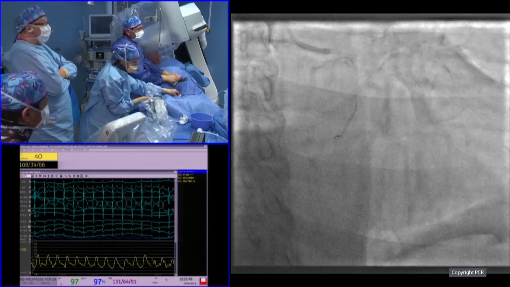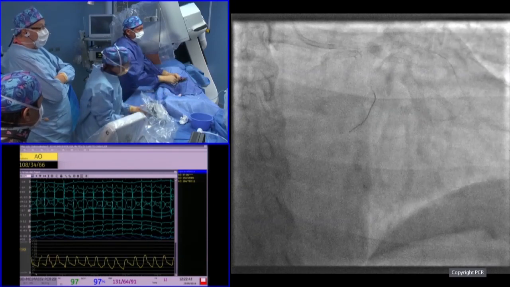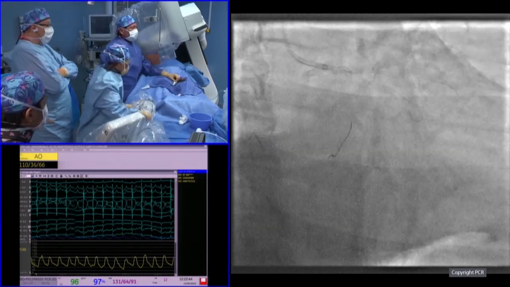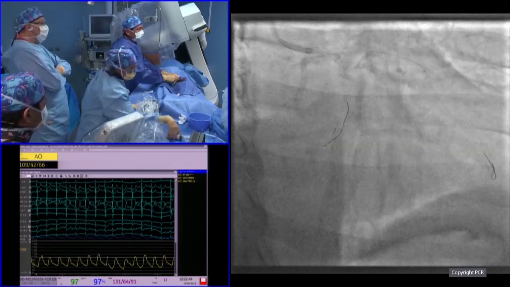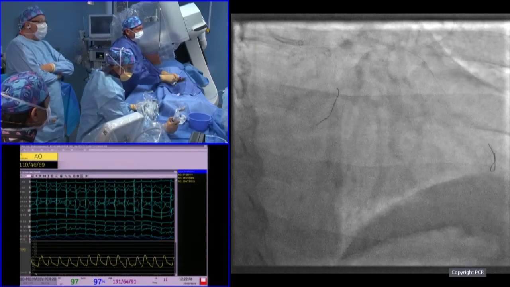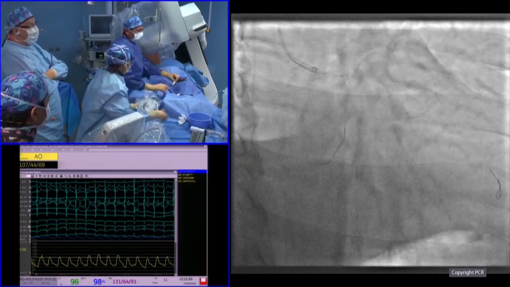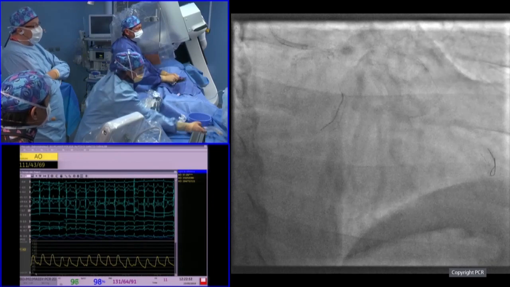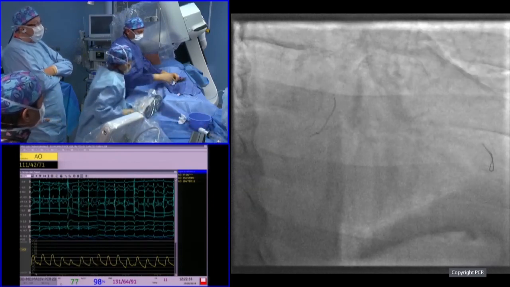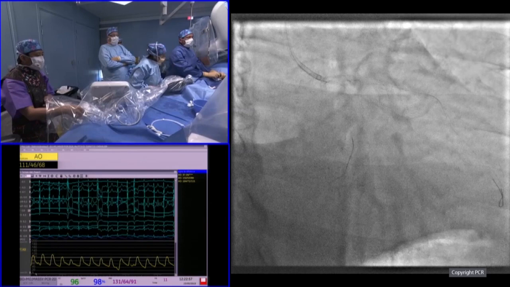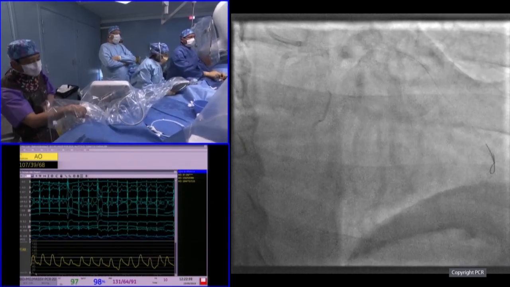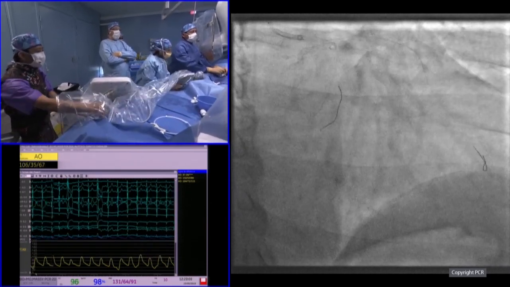Of course, we can raise the question of contrast injection in this patient because he has renal failure, but he has no residual diuresis, so I think there is no real drawback to using a significant amount of contrast in this patient. So really, we can do what we planned to do in a normal way.